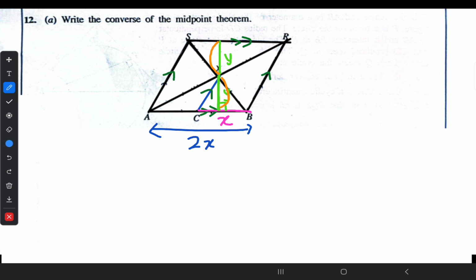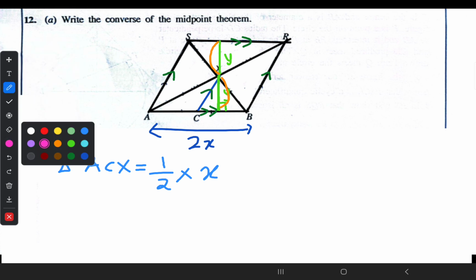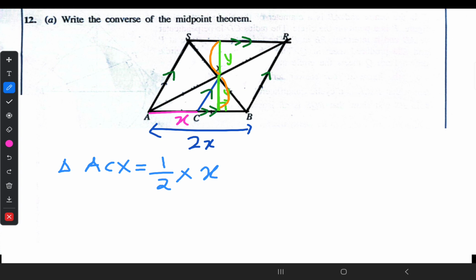Thereafter, let's write the relationships to find area. Area of triangle ACX is half into base. The base of this ACX is x; this total would be 2x.